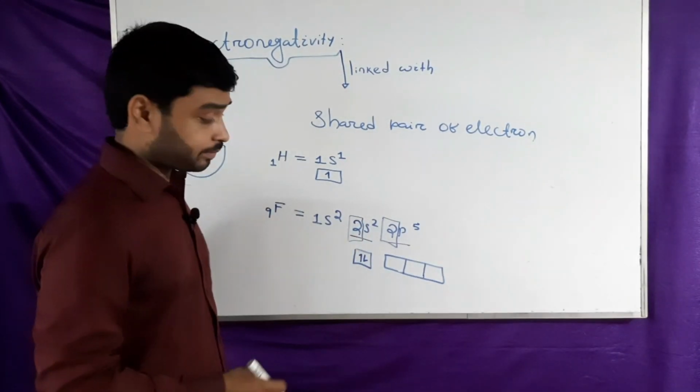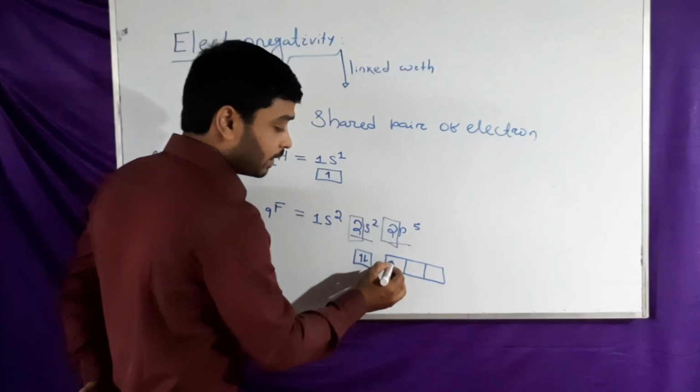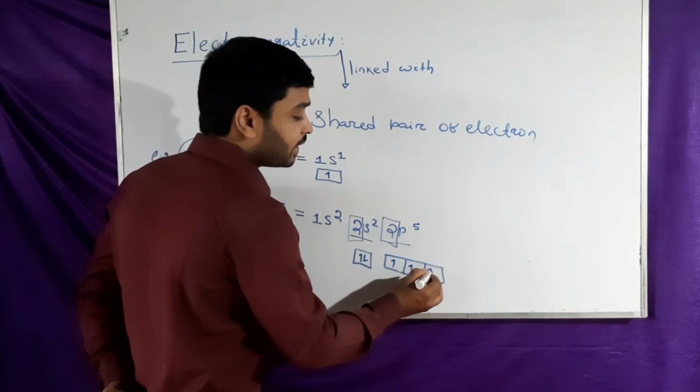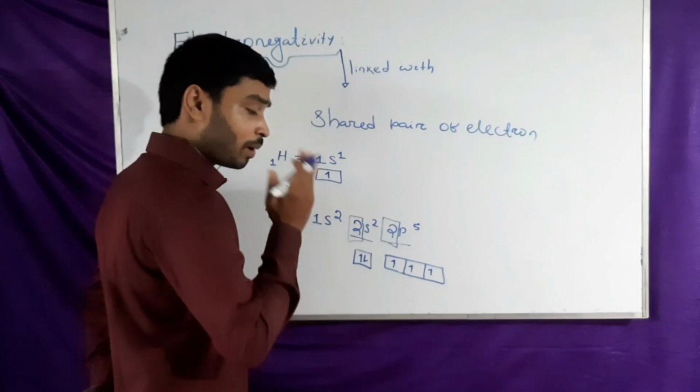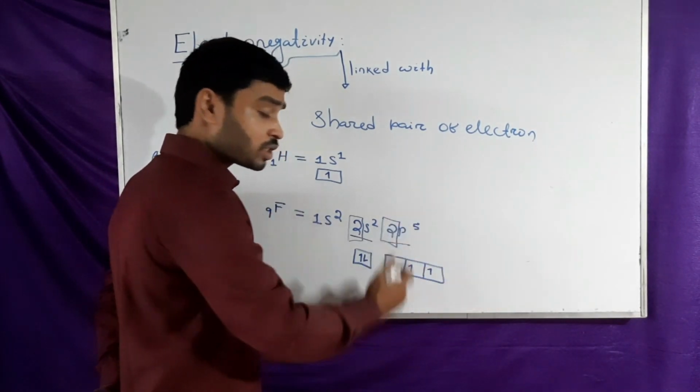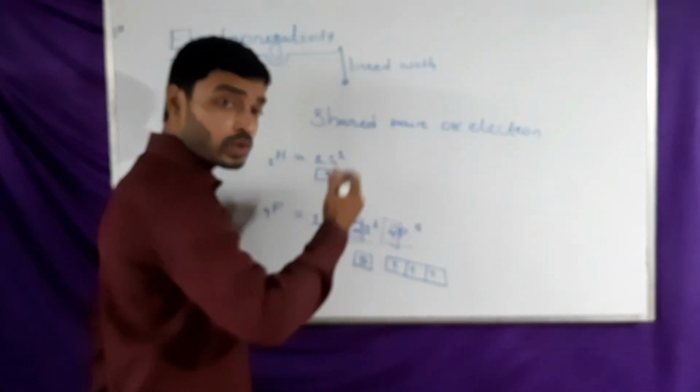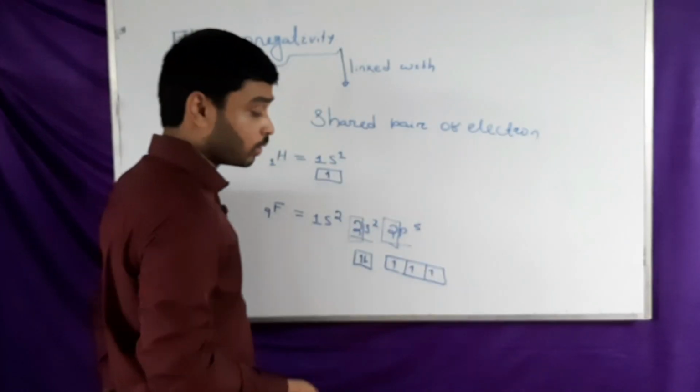The rule says that we need to fill electrons either in a clockwise manner or anti-clockwise manner from the left side to the right side of the suborbitals of the orbital. After that, we will go for pairing if more electrons are available.